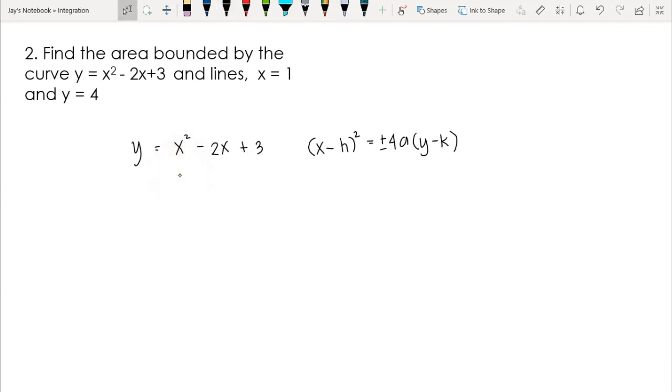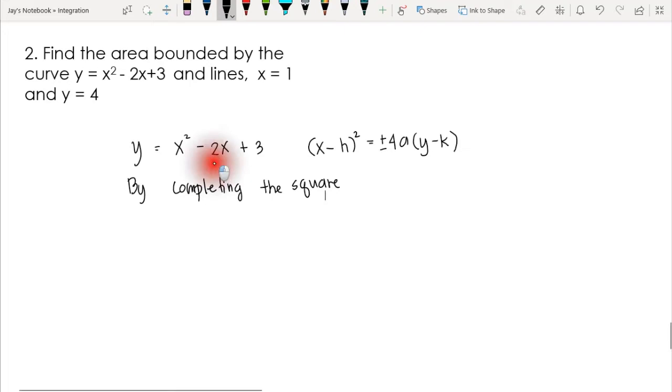So you can actually use this one by completing the square. We can rearrange this equation as x squared minus 2x is equal to y minus 3. In order to convert this into a square of binomial, we introduce a constant that would complete the square.